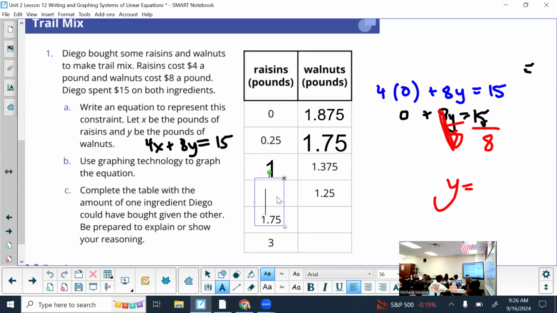So either do the math or use the graph. We'll come back to you, table 6. Table 7, when there's 1.75 pounds of raisins, how many pounds of walnuts? And table 8, when there's 3 pounds of raisins, how many pounds of walnuts?